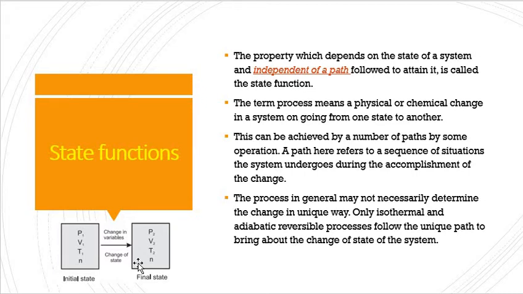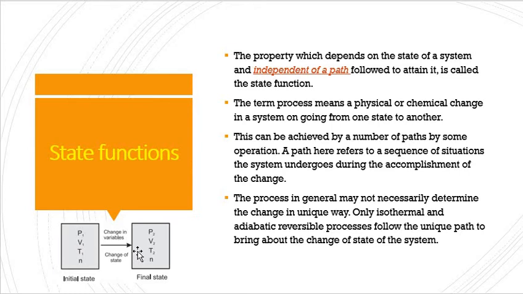A change in state function of a system brings forth a change in its state. The property which depends only on the state of the system and is independent of the path followed to attain it is called state function.